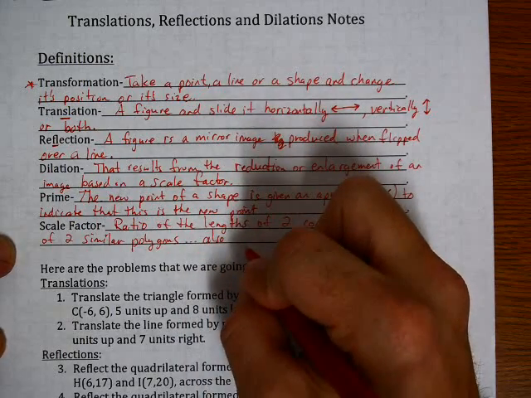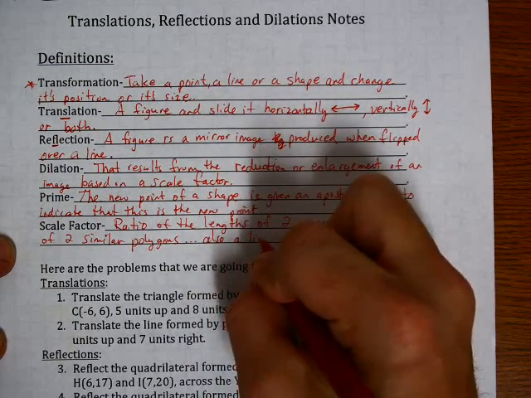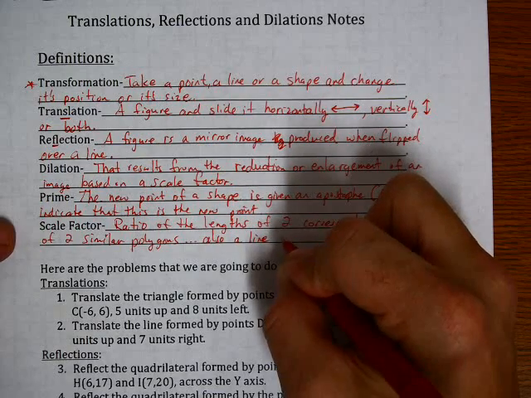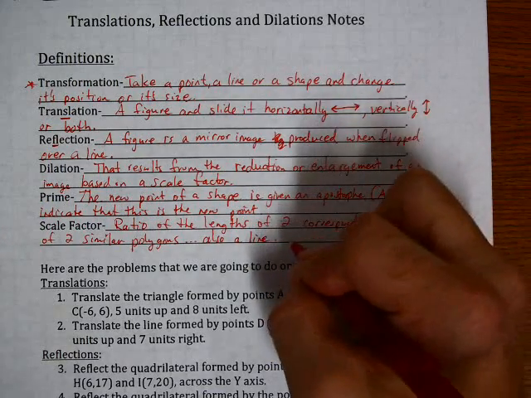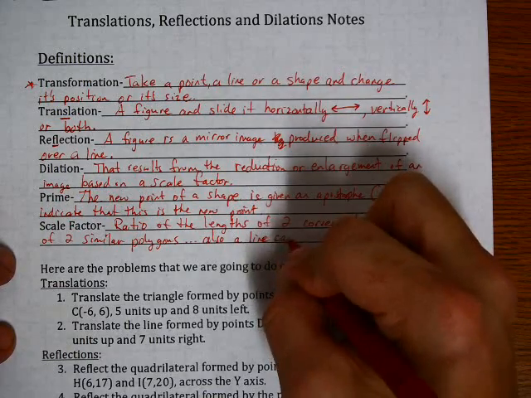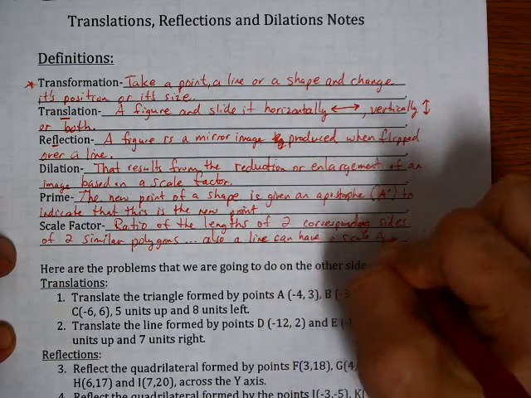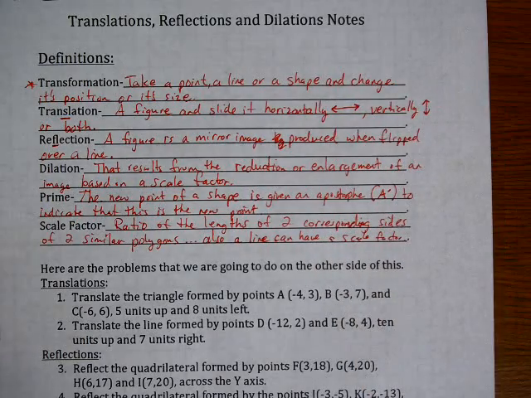Also, a line, just a straight line with 2 points, can be done like that too. So also a line can have a scale factor. So it's not just a shape, it can be just a line also.